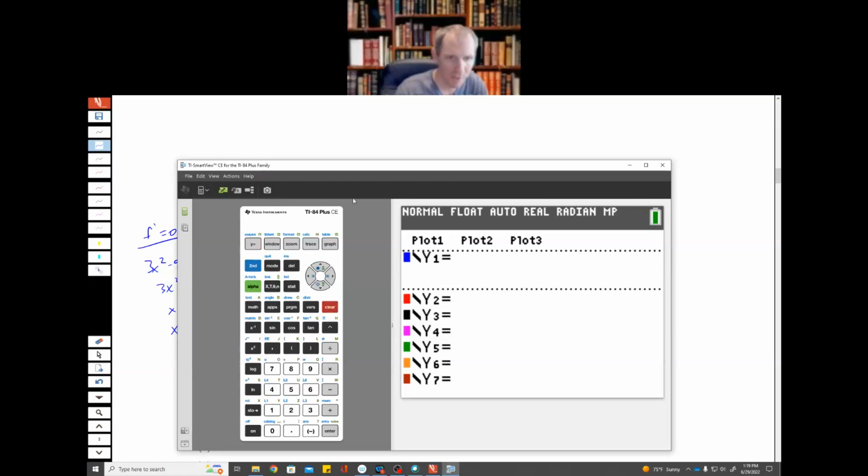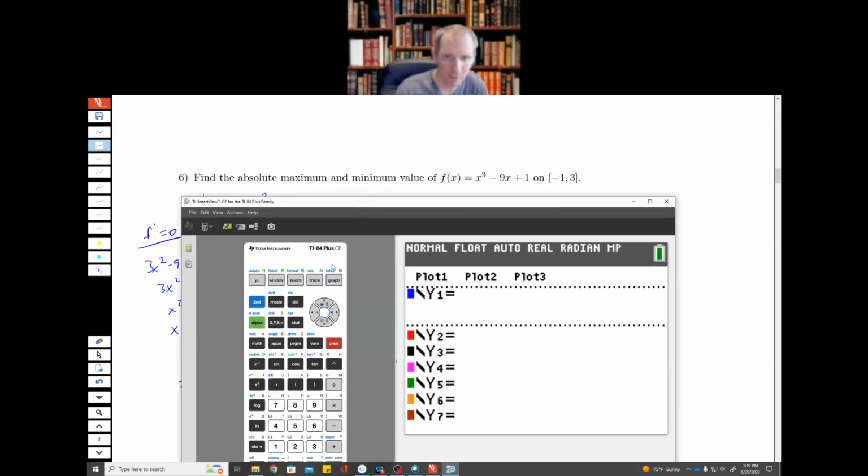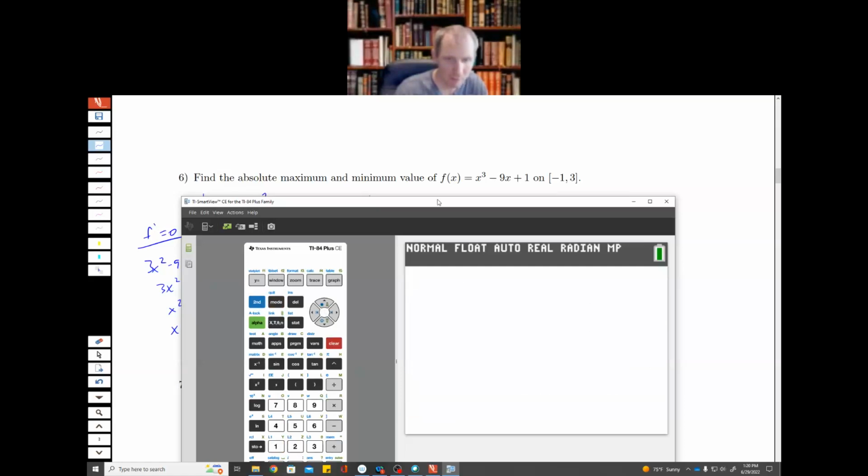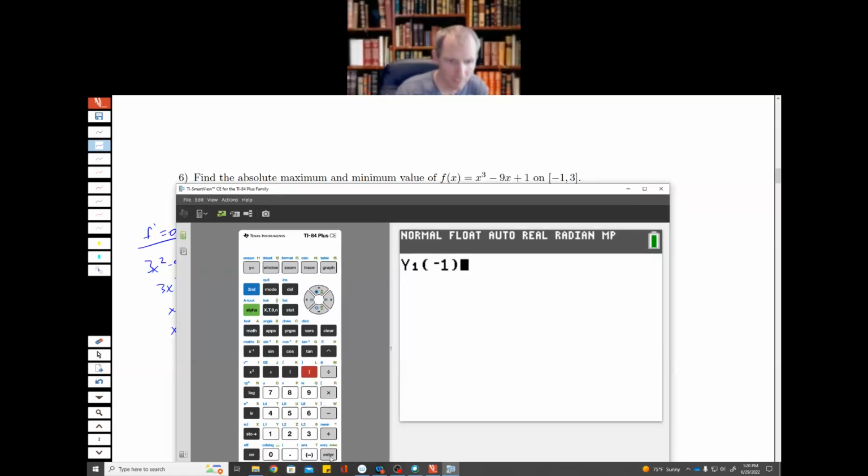Okay, and once again, I'm going to just find some values on my calculator. So we have x cubed minus 9x plus 1. Okay, and again, when I'm finding a max and min, I'm looking at the original function, not the derivative. Okay. So we put -1 in. I get 9.